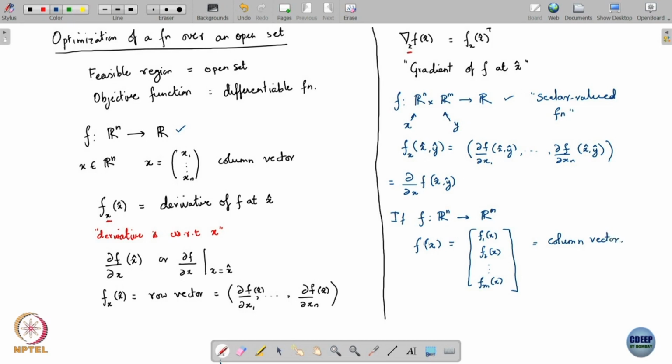Now, if I take the derivative of f with respect to x, I need to take the derivative of each of these components with respect to x, evaluated at x hat. Every component of f will have a derivative, which would be a row vector like this. What you get is row vectors stacked one below the other, so the whole thing becomes a matrix.